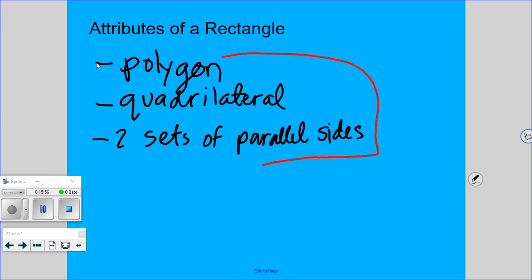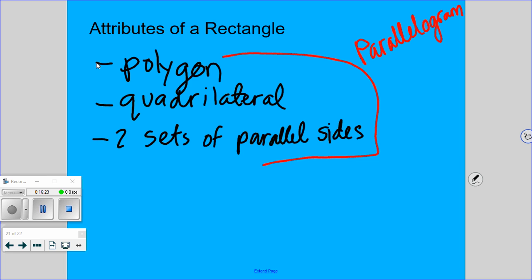So, does that mean that a rectangle is also a parallelogram? Yes. So another name for a rectangle is a parallelogram. Now this is where it gets tricky.